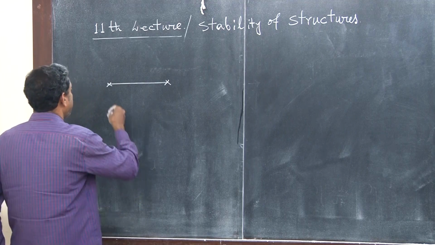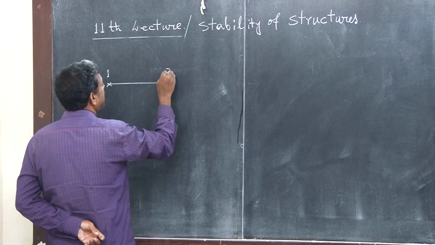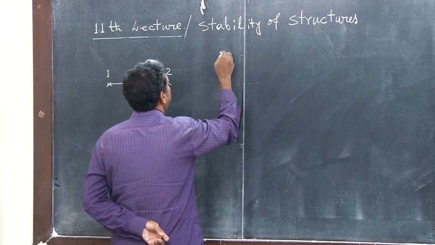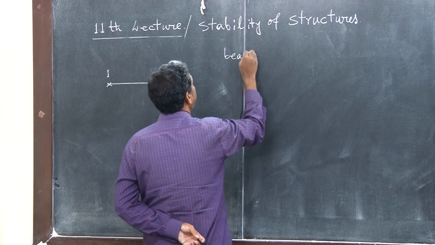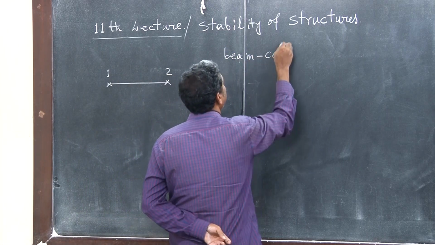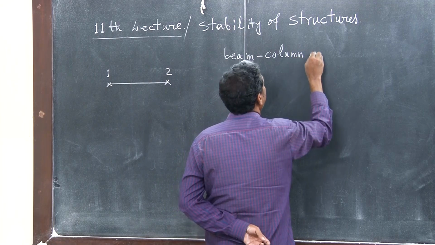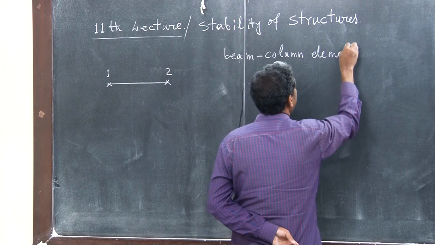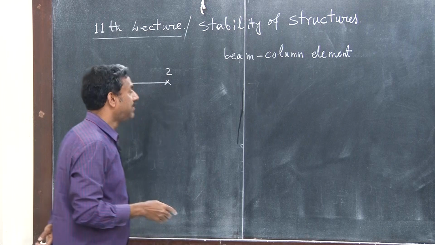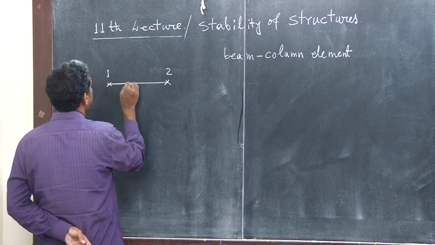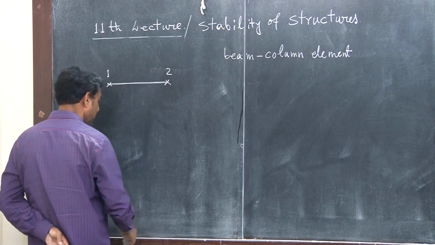So, I am terming it a beam column element. It has 2 nodes, okay.